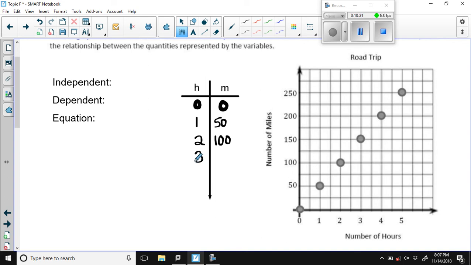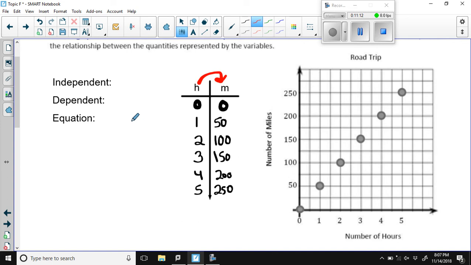Okay, so 3 hours, 150. And then 5 hours, 250. Okay, so I see a pattern. Hopefully you guys see that same pattern. As hours increase by 1, our miles are increasing by 50s.